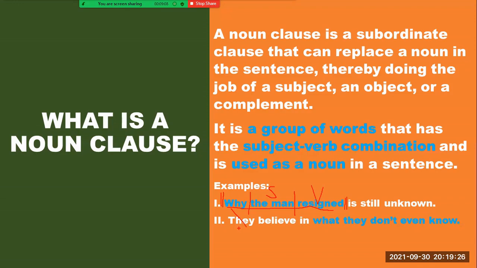Now let's look at the second example. They believe in what they don't even know. The noun clause here is what they don't even know. Now let's analyze this and identify the important elements. You can see the WH word what beginning the clause. Then the subject here is they.